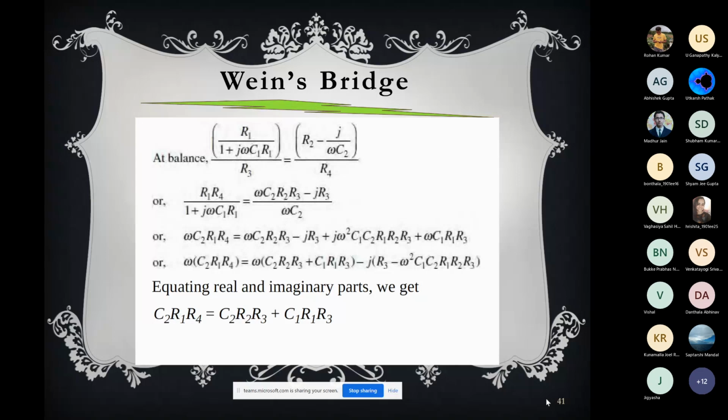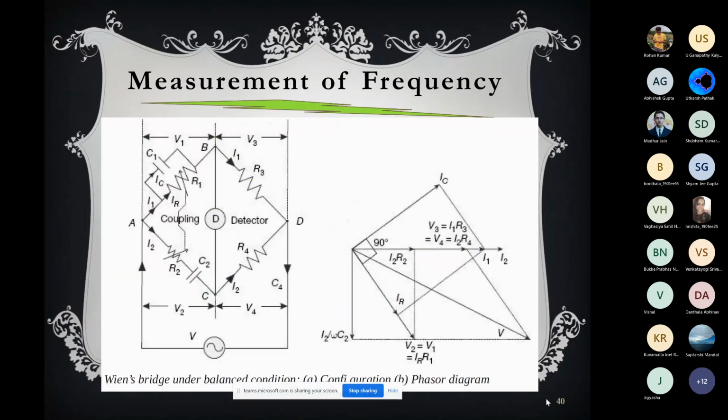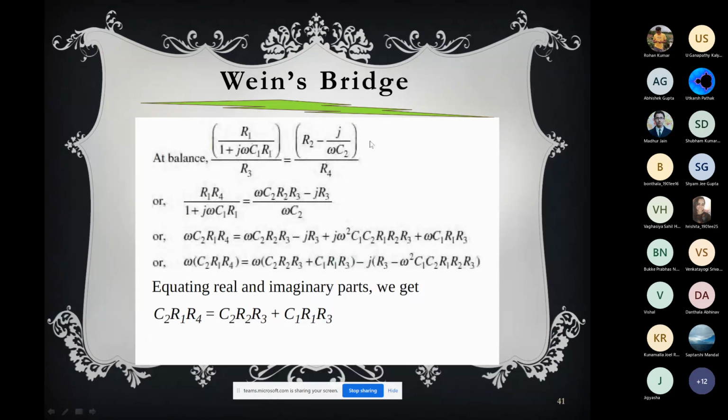R3 will go up. So R1 R4 by 1 plus this will be equal to omega C2 R2. In arm AC, the resistance and capacitance are in series, and in arm AB the resistance and capacitance are in parallel. That's why this term is coming here, and here only R2 minus j by omega C2 is coming because it is in series.